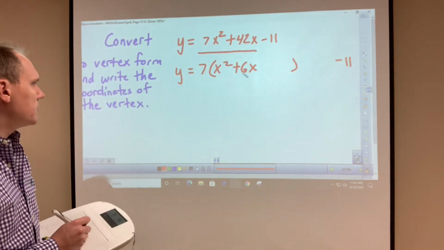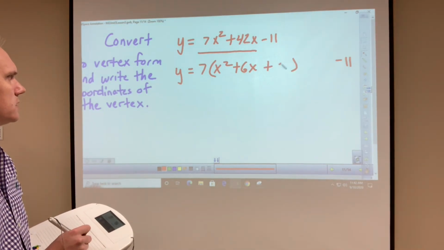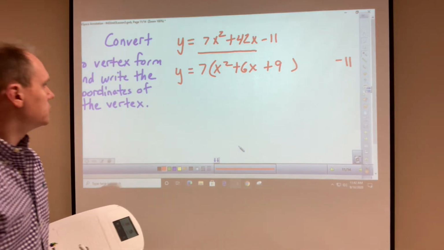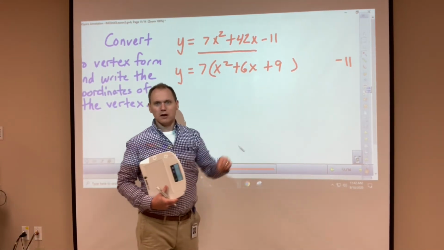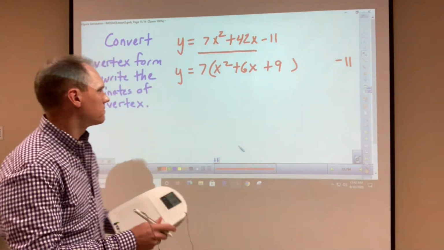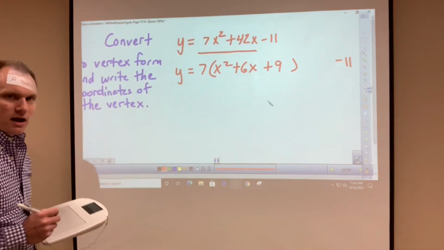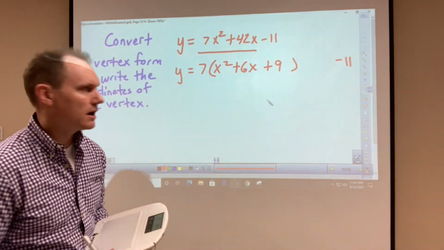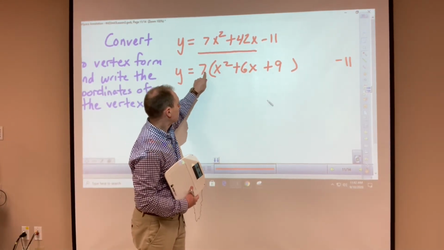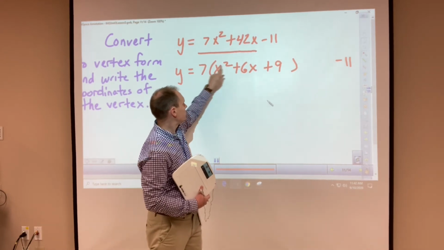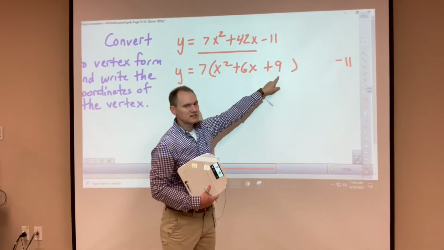So 6 divided by 2 is 3, 3 squared is 9. You should recognize this one from the visual that we did a few minutes ago, literally completing the square there. All right, is that just a 9? No. Everything in here is being multiplied by 7. So really what we have here is 7x squared plus 42x plus 63.